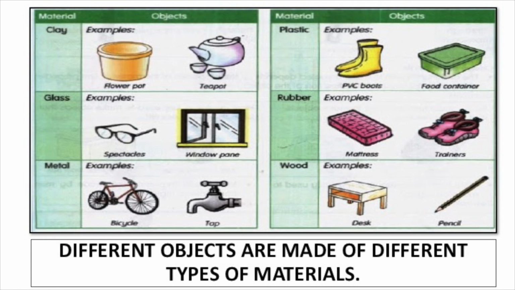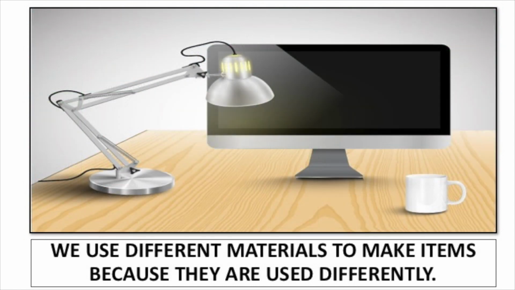Desks and pencil. So these are a list of the different materials and some of the objects used. We use different materials to make items because they are used differently.